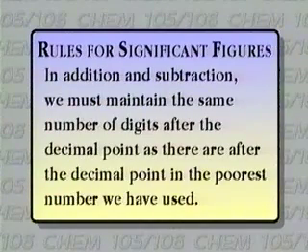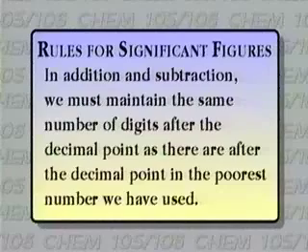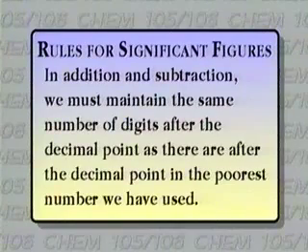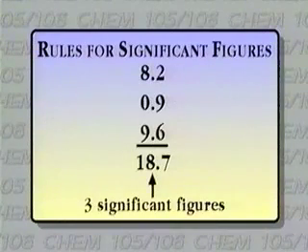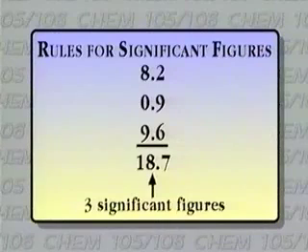Okay, not the number of significant figures, the number of digits after the decimal point of the poorest number that we have used. In this particular case, the first example, every number has one place after the decimal point. Our answer should have one place after the decimal point.